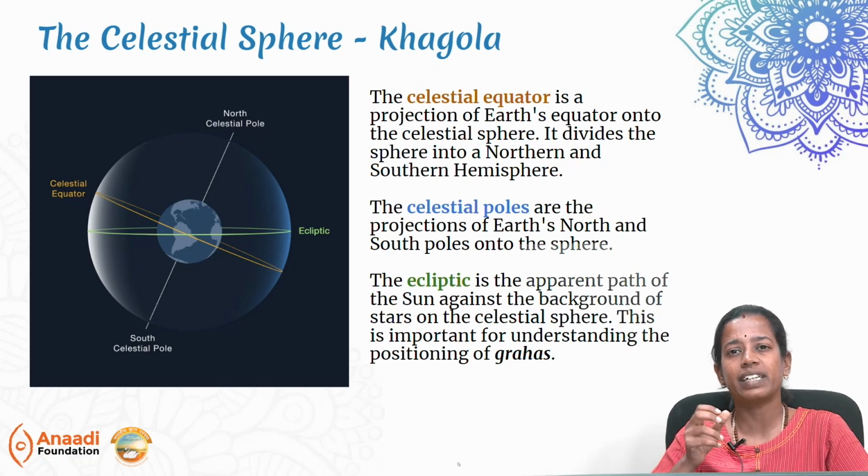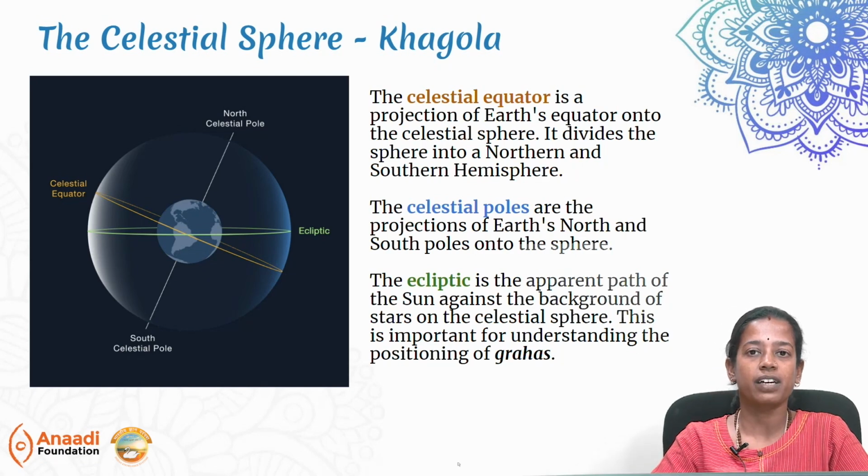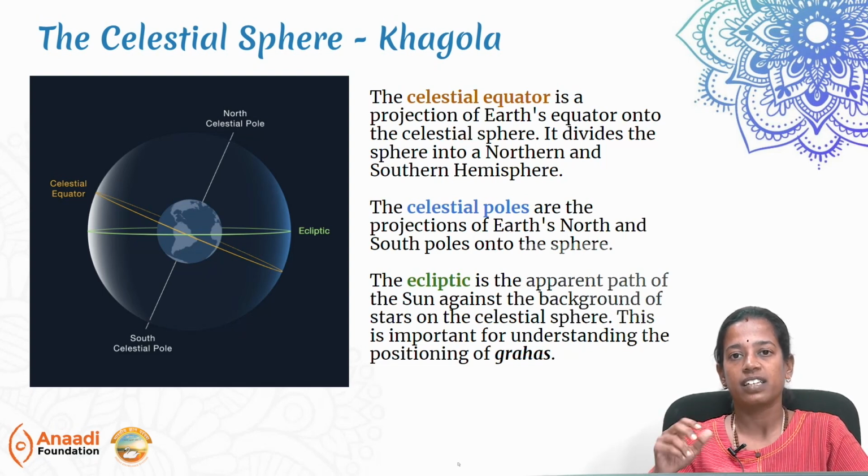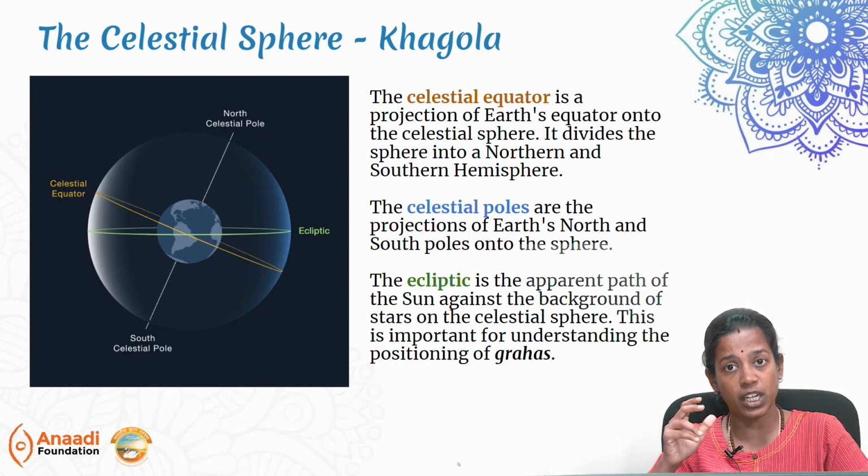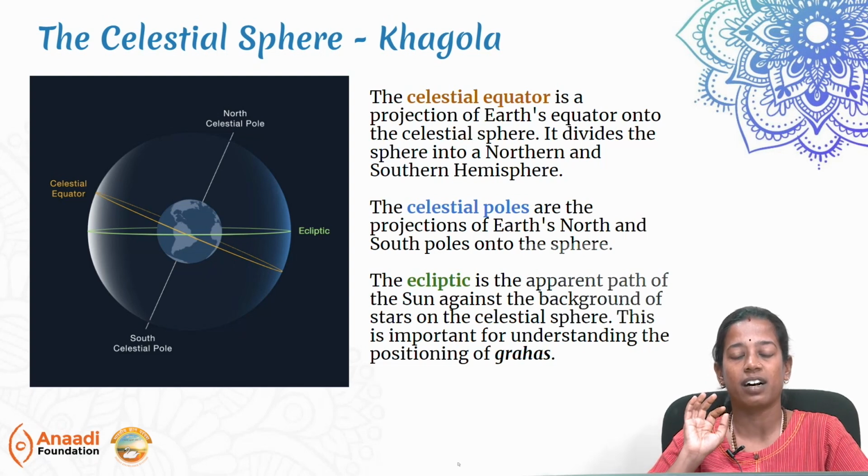Graha is loosely translated into planets, but as per Shabda Kalpadruma, graha is defined as Grinhati Gati Visheshan iti grahaha, which means Grinhati means that which takes, and Visheshan Gati is a special movement. So, that which takes a special movement is called graha.